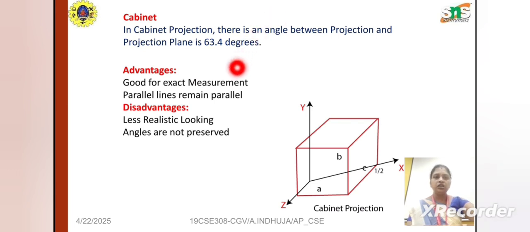So when it is 45 degrees, it falls under Cavalier projection, and when it is 63.4 degrees, it comes under Cabinet projection.